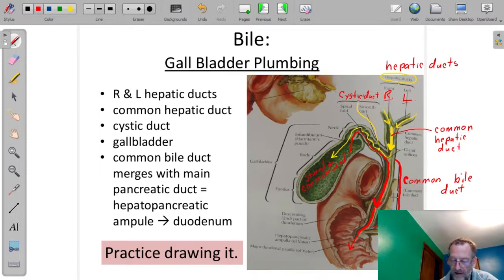So that's the route of the bile, and it merges with the pancreatic duct, which is here.